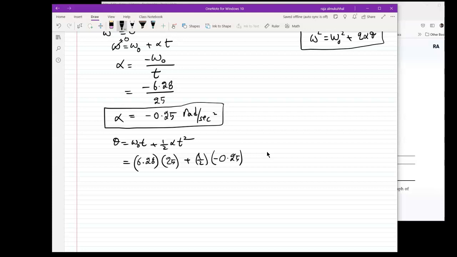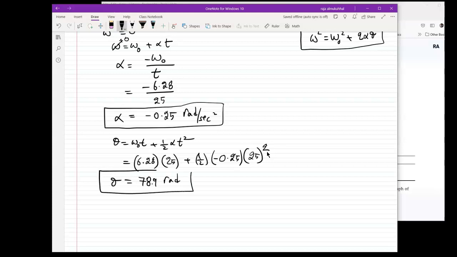You want to put that minus sign times 25 squared. And then we calculate all that. And when I calculated, I hope you calculate with me, I get 78.9. I hope I got it right. Radians. Here we go.